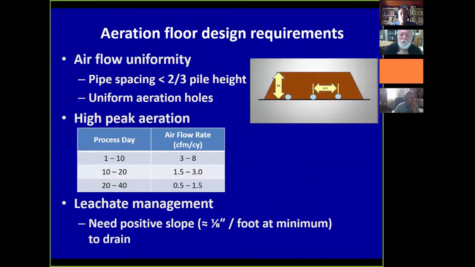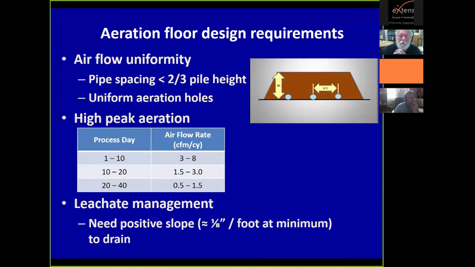Now, aeration floors are designed based on providing airflow uniformity, as I mentioned before. Your pipe spacing laterally under the pile should be less than 2/3 of the height of the pile. So if in the image you see here on the upper right, a 9-foot tall pile, you would want your pipes no more than 6 feet apart.